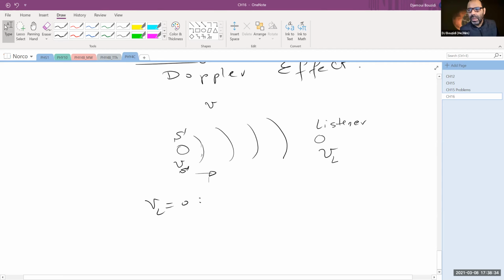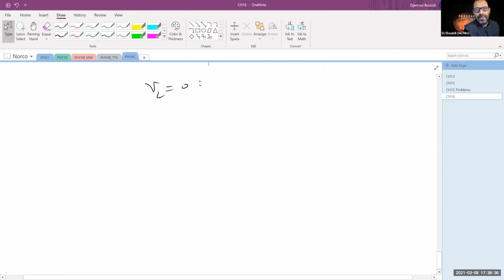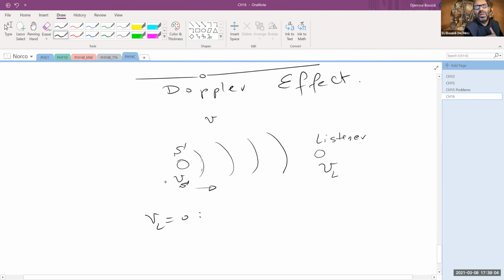Here's the deal. Let's take a wavefront at the time the source sends it, when it was in this location, and the wavefront is here now. Later in time, the source is about to send another wavefront, which is the period in this case. Remember, the source is sending waves every T period, with lambda distance between one another.